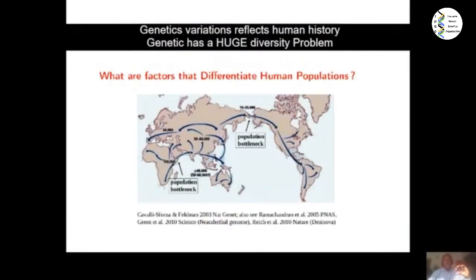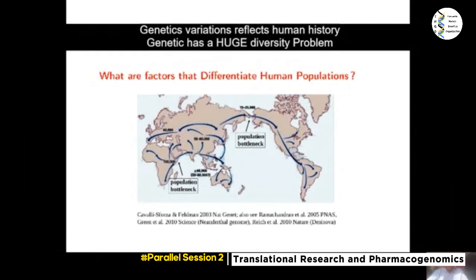As you know, genetic variations reflect human history. We all know that 100,000 years back in time, humans migrated from Africa and moved around the world, and that contributed to the variation.